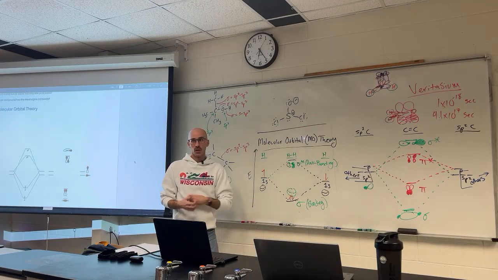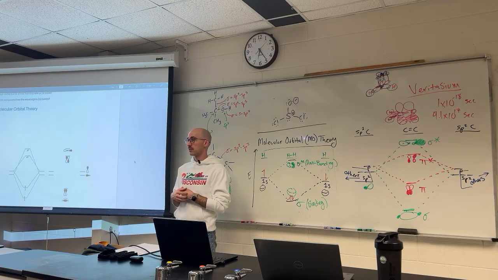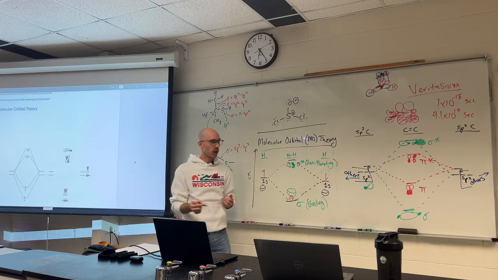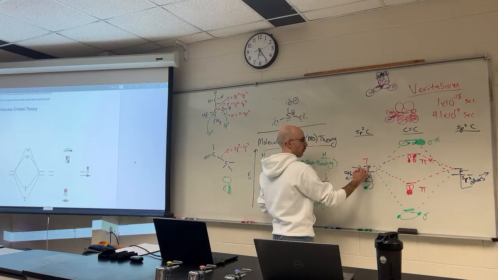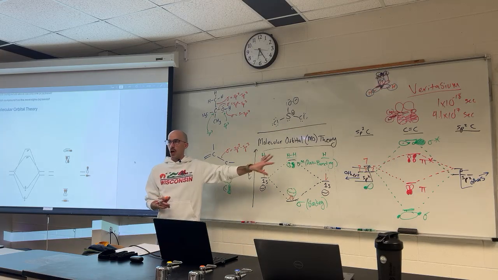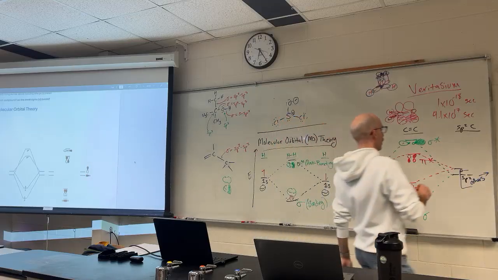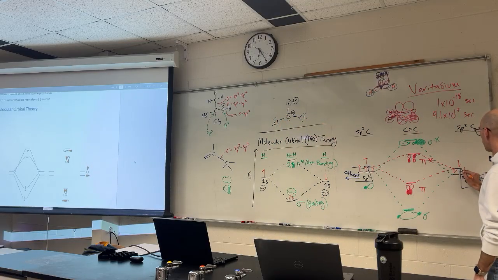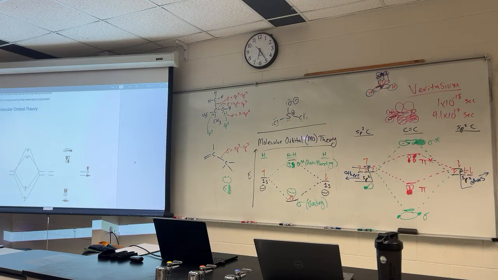Now again, we're going to look at how electrons will fill. So imagine each carbon atom comes with 4 valence electrons, all spin up on one of the carbons, all spin down on the other. Don't forget that 2 of these electrons from each are going to be used for other bonding.